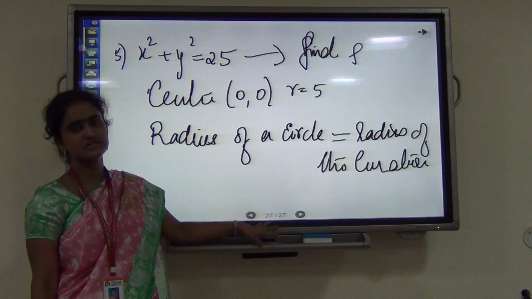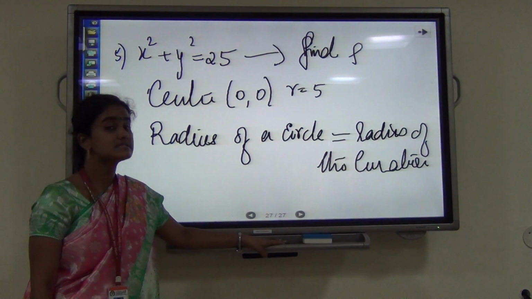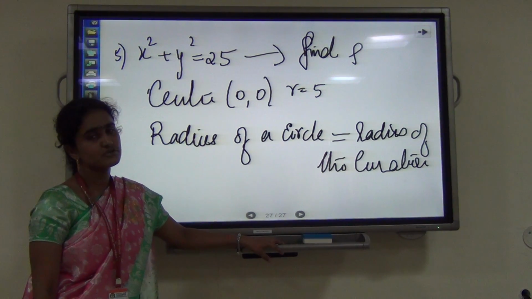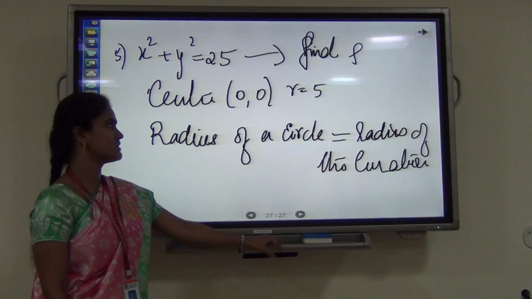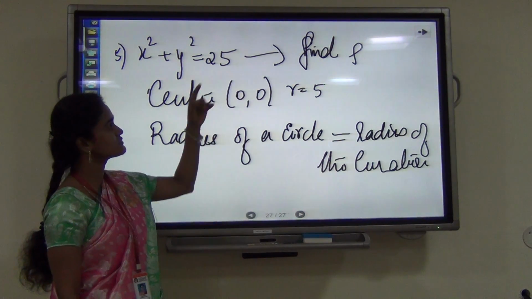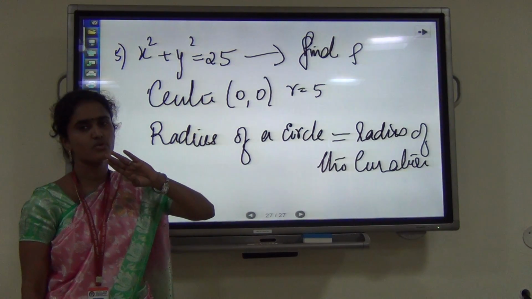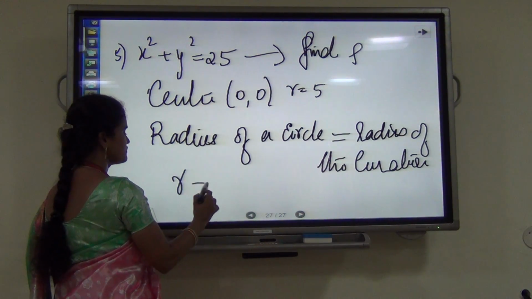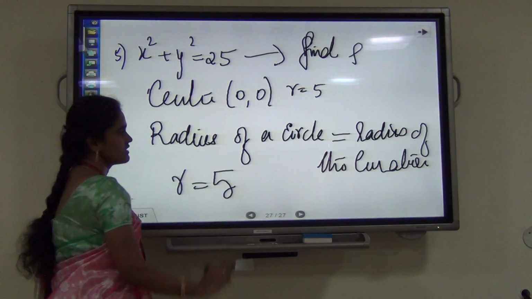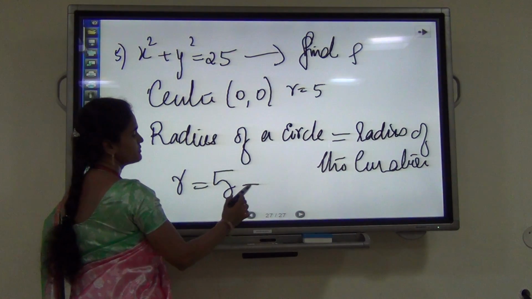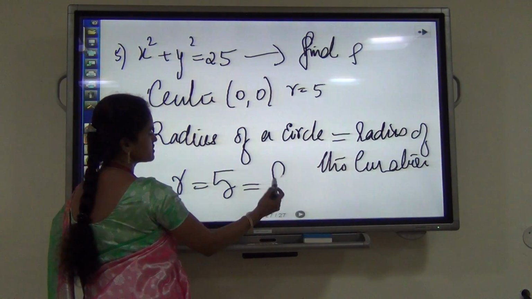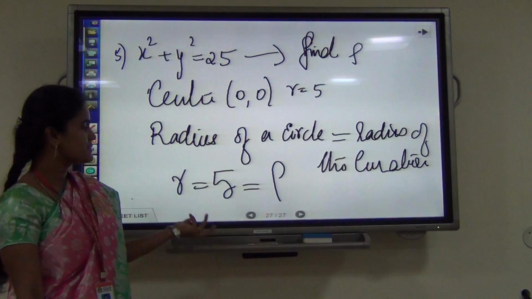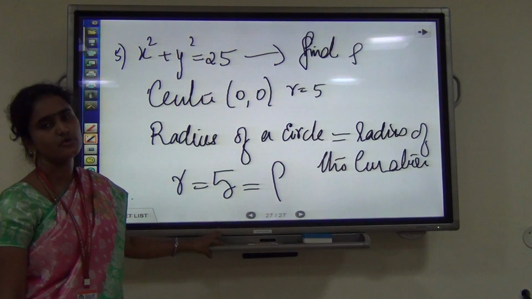Radius of curvature is nothing but radius of the circle. Now what is the radius of the circle which is given here? The radius is 5, because 5 square is 25. So if the radius of the circle is 5, then the radius of curvature will also be 5. That's all. So using this property we can straight away find rho.